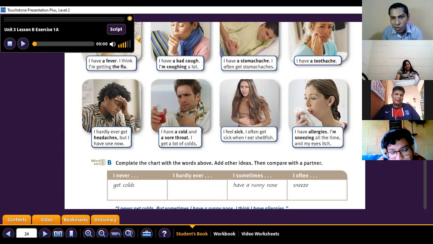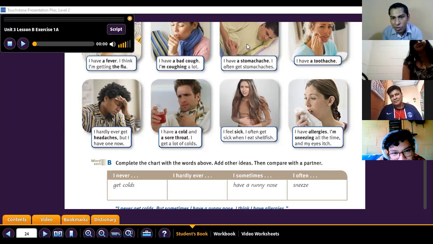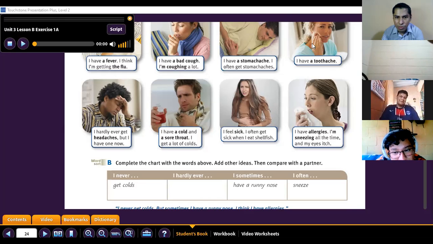It's that you tell me cake, and it's not cake, it's only ache. Headache. There you go. I sometimes have a bad cold and I often have allergies.